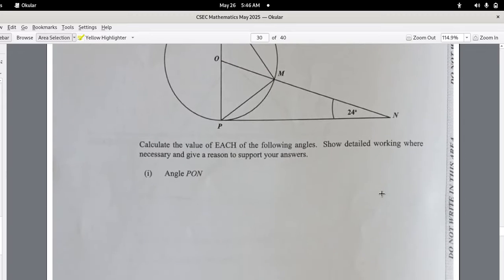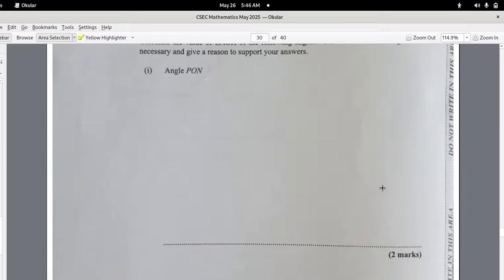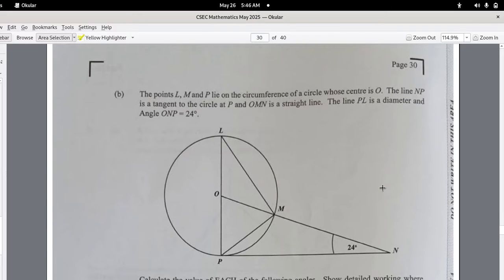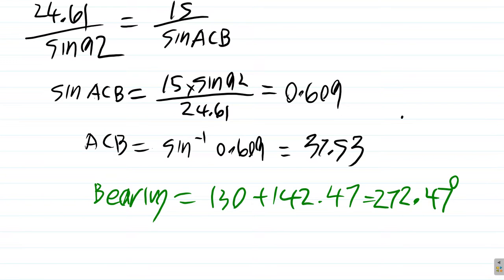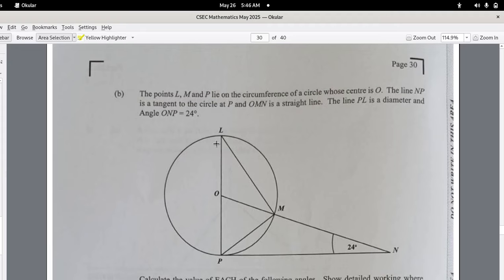Something else now. Circle theorem. Right, let's look at this. Let's erase the board. We're going to copy.